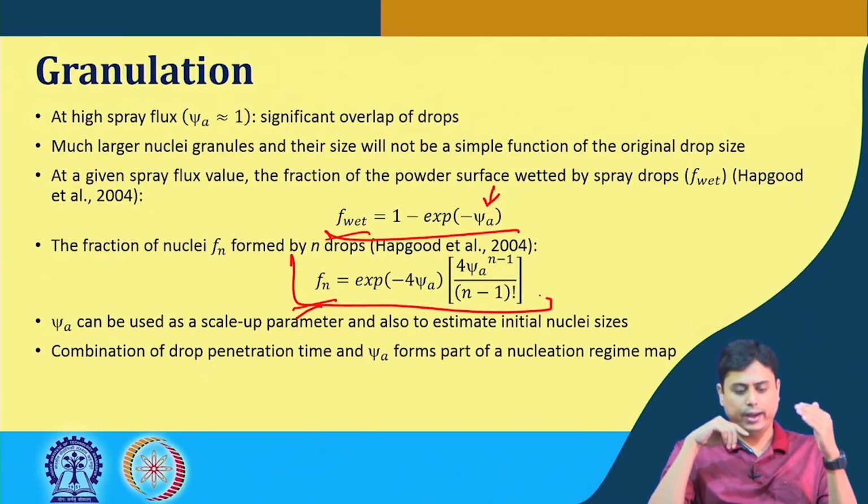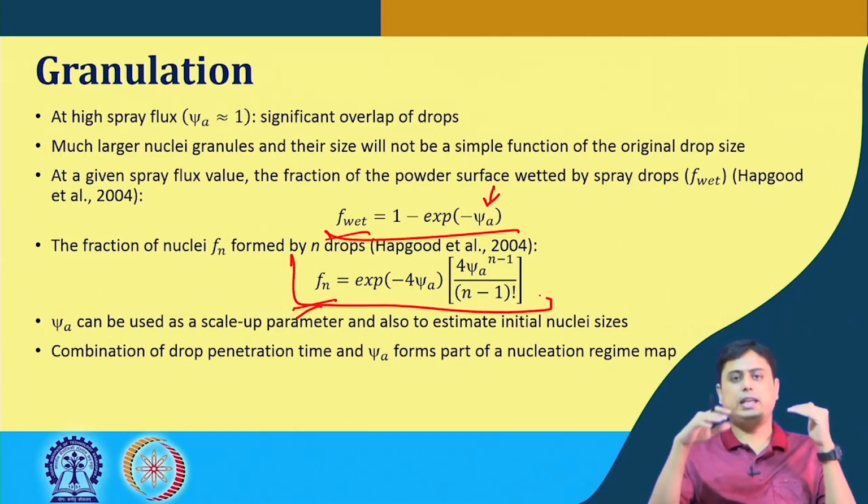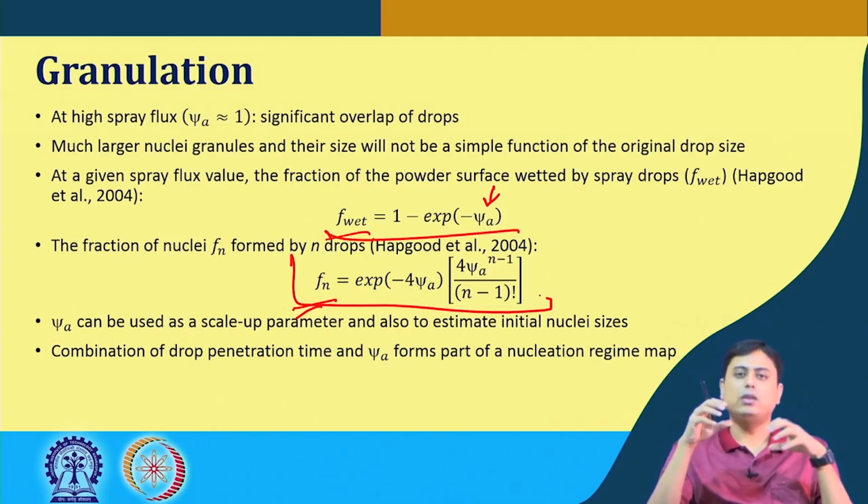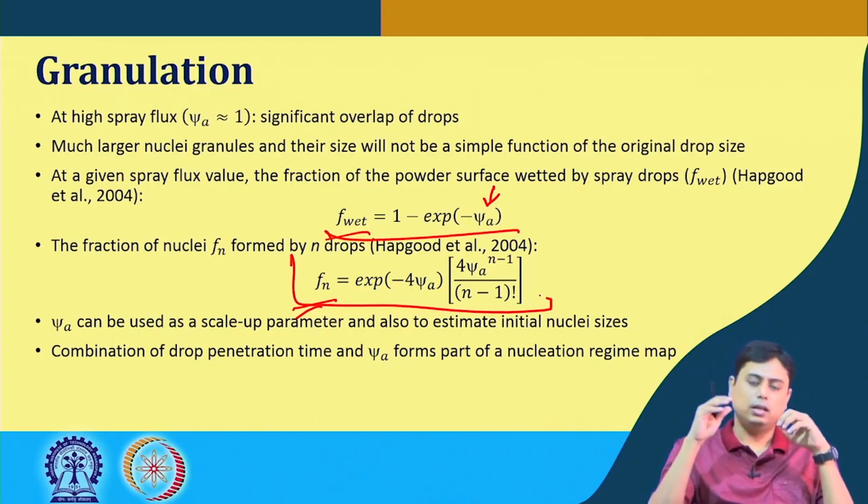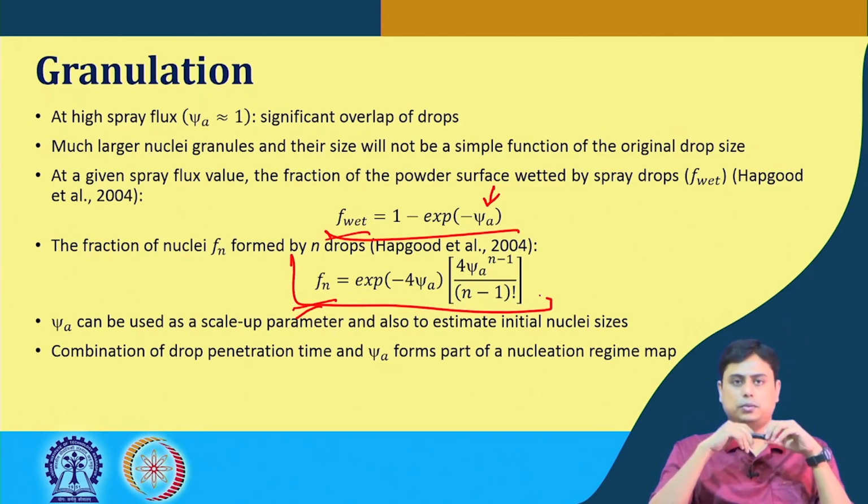So on one hand we can estimate the powder surface area that is being wetted, and the number of nuclei, the granules that have been formed, that also can be estimated by a certain number of drops.